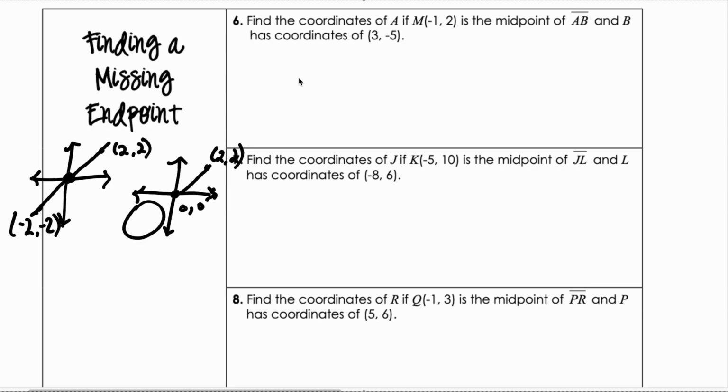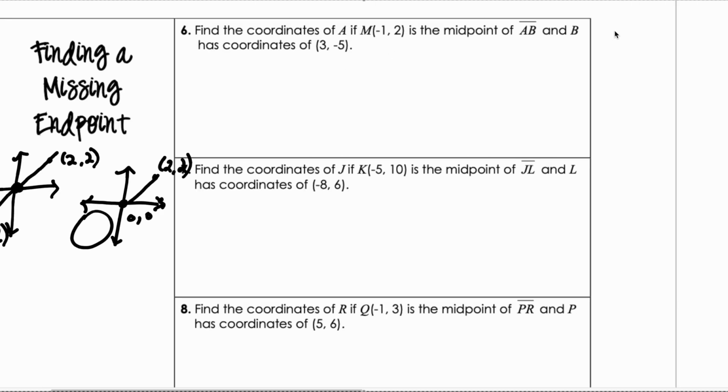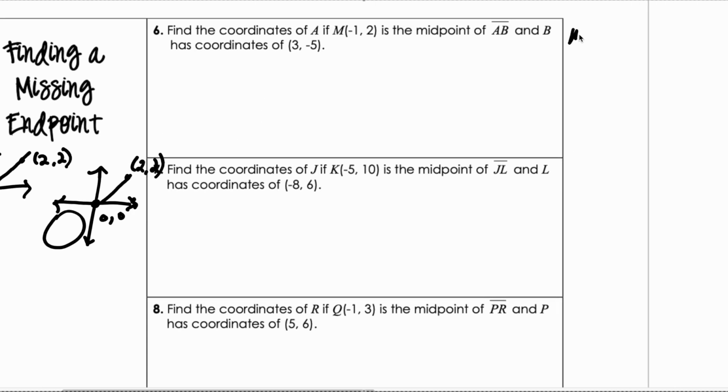Okay, so let's take a look at this. Here's our midpoint formula again. Midpoint equals the averages of our x's and the averages of our y's. Okay. And so they say that we have the midpoint already, so we can plug that into this side of our formula.